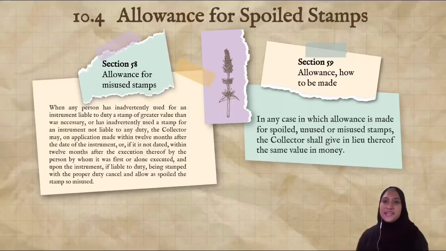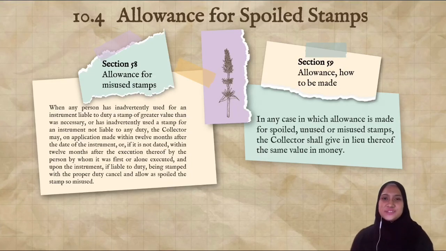Next, according to Section 58, allowance for misused stamp: when any person has inadvertently used for an instrument liable to duty a stamp of greater value than was necessary, or has inadvertently used a stamp for an instrument not liable to any duty, the collector may, on application made within 12 months after the date of the instrument, or if it is not dated, within 12 months after the execution thereof by the person by whom it was first or alone executed, and upon the instrument, if liable to duty, being stamped with the proper duty, cancel and allow as spoilt the stamp so misused.